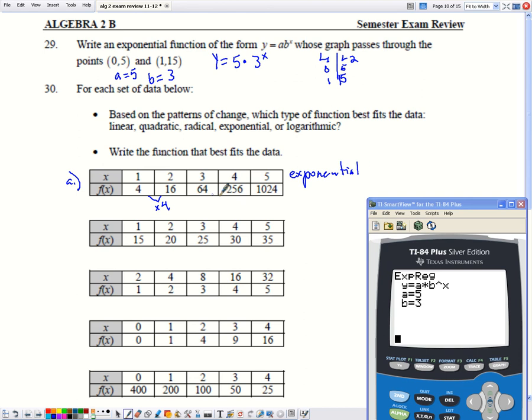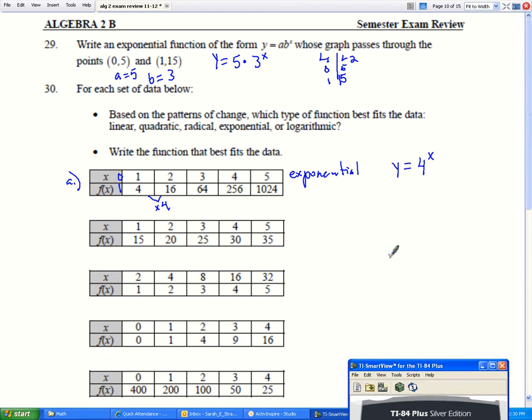Because the multiplication pattern is 4, we know that b is 4. If you back up the pattern to find the y-intercept, the starting value, well, what times 4 gives you 4? That would just be 1. So it's 1 times 4 to the x, or just 4 to the x. You could put those in L1 and L2 and do ExpReg like we did for number 29. I just don't feel like typing all that in.